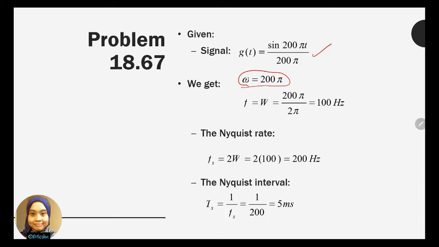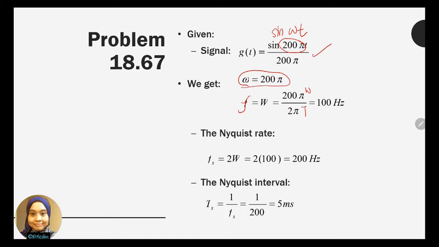From this equation, you know that the sine is sine omega t. So omega here is 200 pi, and from here you can find the frequency of the signal: 200 pi divided by 2 pi, because this is omega, so it becomes 100 hertz.